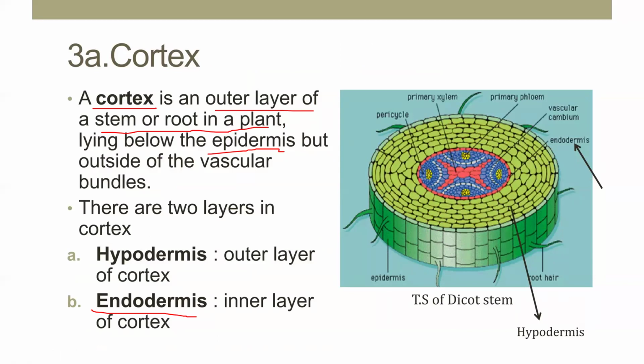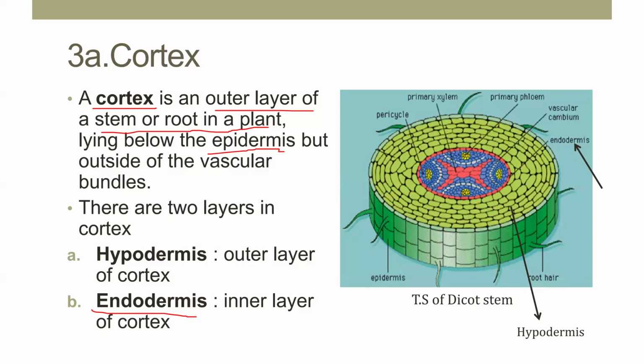Generally the cortex is differentiated into hypodermis and general or inner cortex. The hypodermis is collenchymatous in stems and leaves of the dicot, whereas it is sclerenchymatous in leaves of monocot.